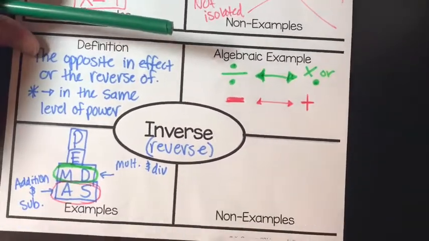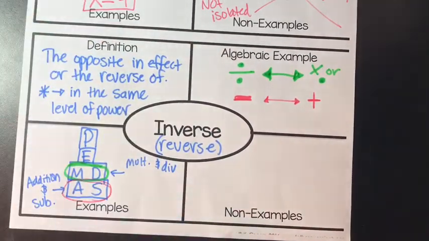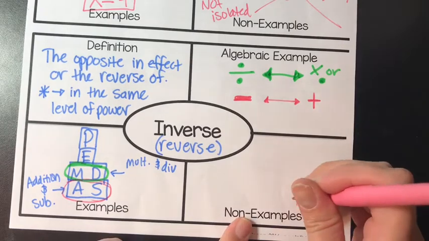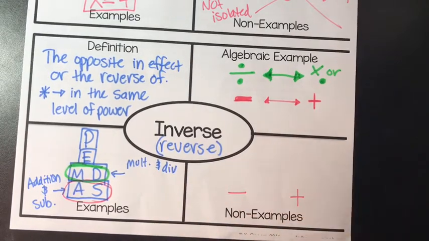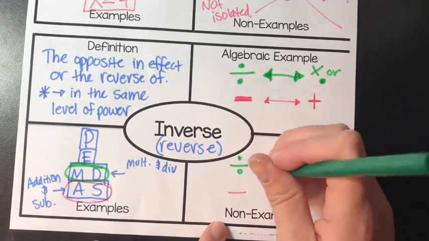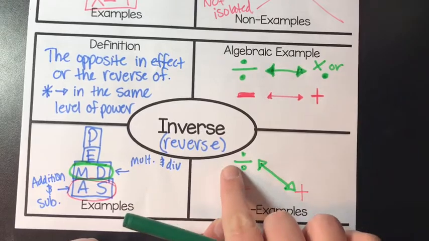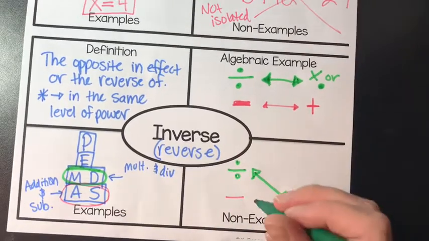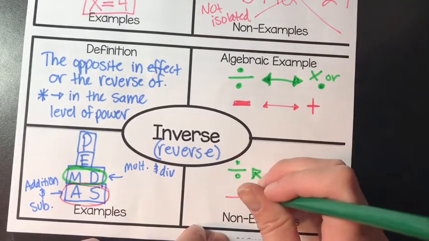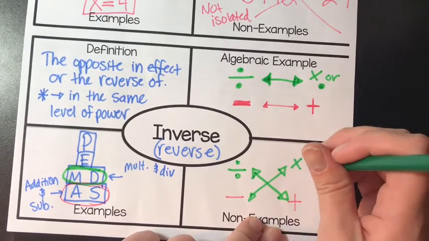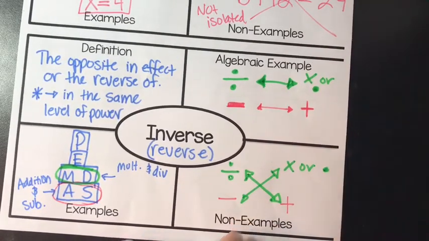So for a non-example, what I want you to draw is the same thing I drew for my example, except the arrows are going to go crisscross. Division is not the opposite of addition, and subtraction is not the opposite of multiplication.